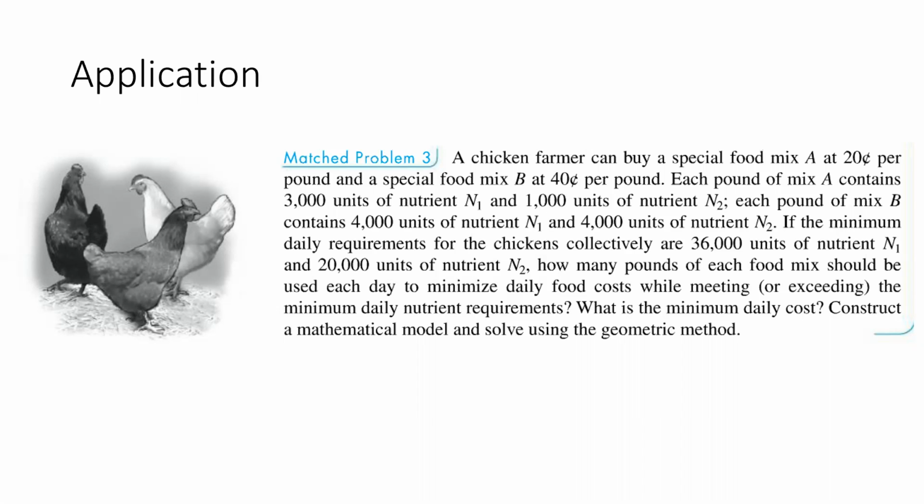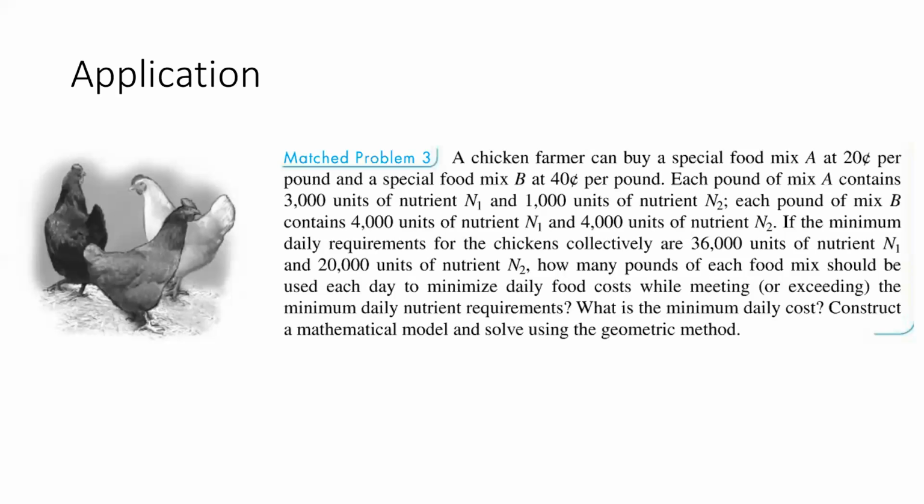Each pound of mix B contains 4,000 units of nutrient N1 and 4,000 units of nutrient N2. If the minimum daily requirements for the chickens collectively are 36,000 units of nutrient N1 and 20,000 units of N2, how many pounds of each food mix should be used each day to minimize daily food costs while meeting or exceeding the minimum daily nutrient requirements? So what is the minimum daily cost?